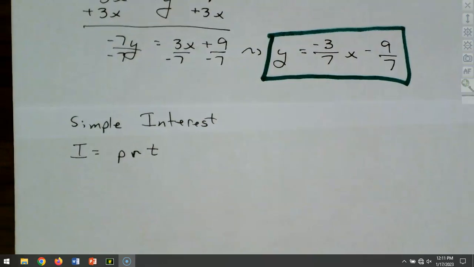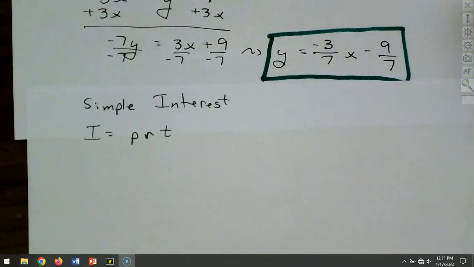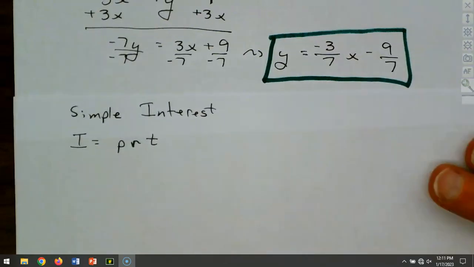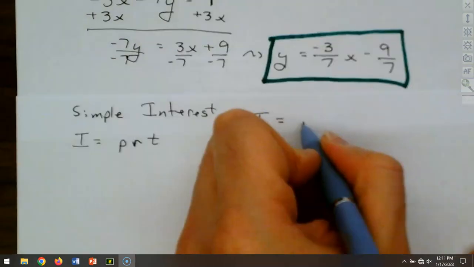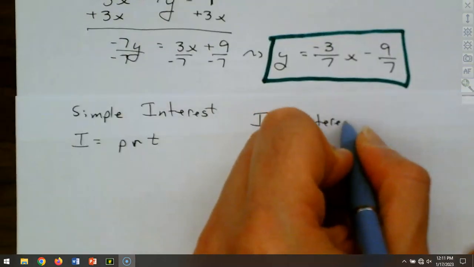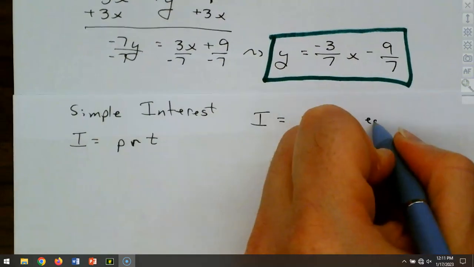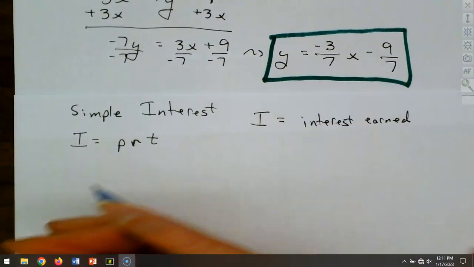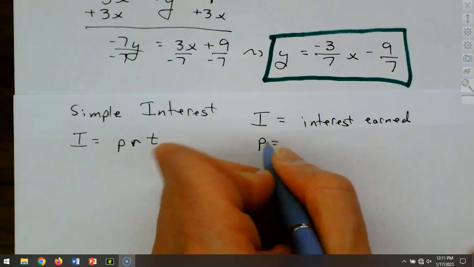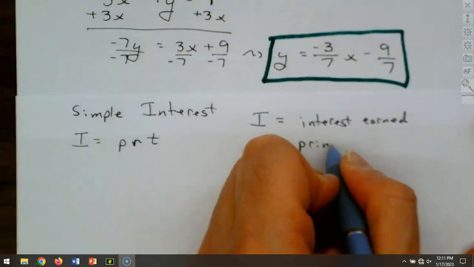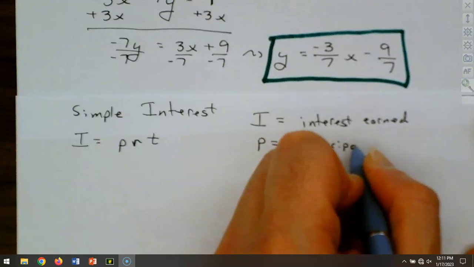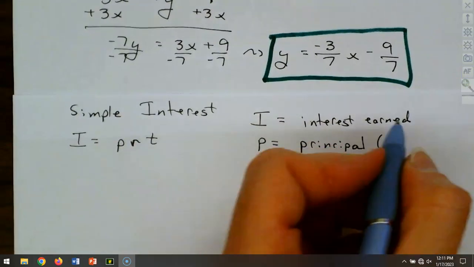And so simple interest is very easy to calculate, and it's your I equals PRT. Now let's talk about what each one is and how this is going to work. I is the interest earned. P is the principal, the starting amount.